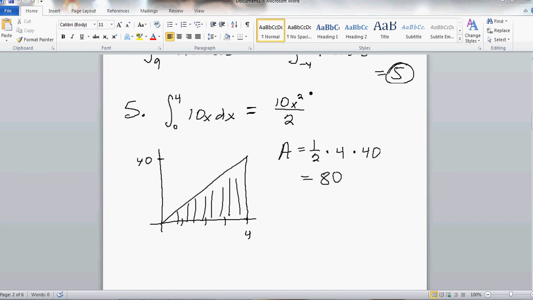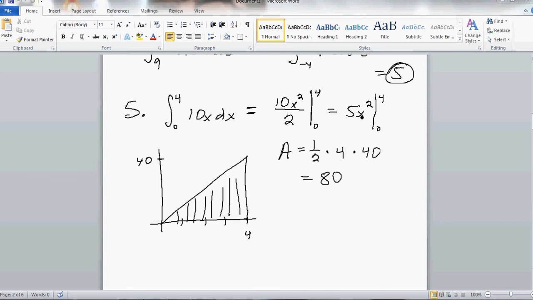Now, we have to realize that we are eventually going to be evaluating this at the values from 0 to 4. Now, you've seen this notation. I've used this notation before. But now, this is where I get it from. It's the fact that we're going to evaluate this from 0 to 4. So this becomes 5x squared, and I'm going to evaluate it from 0 to 4.